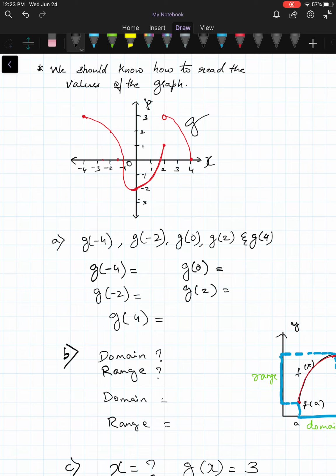So this is a combination of two sketches. Here there is a break in between.